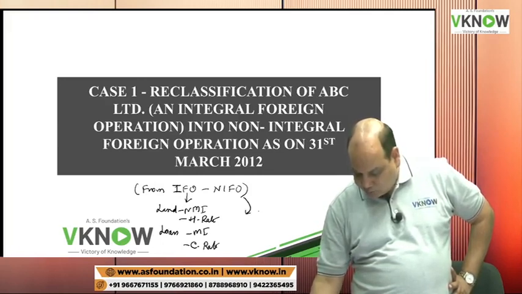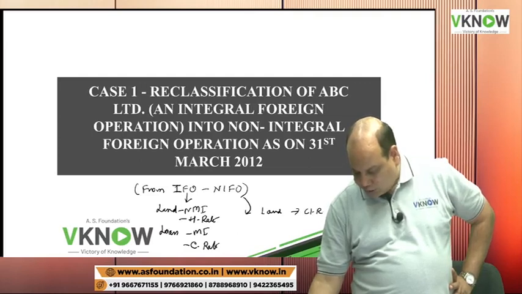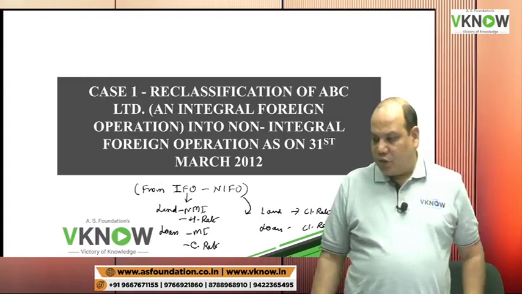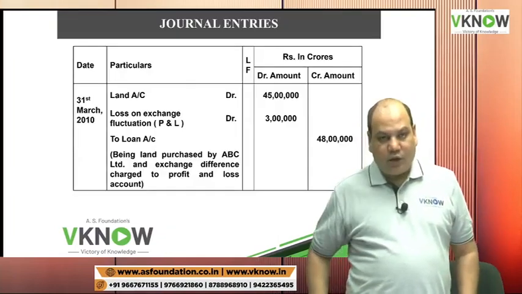But once it becomes NIFO, land will also be measured at closing rate. Loan, as usual, continues to be accounted at closing rate. Okay, so let us write down journal entries.